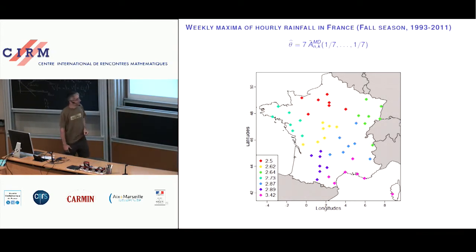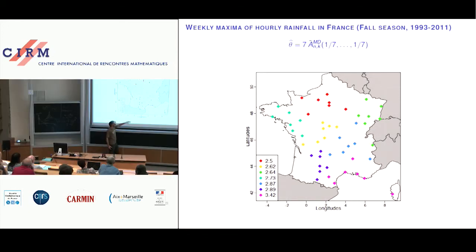Okay? And now if you go back to rainfall data, it's not surprising at all, because if you look in the south of France, the structure of the events is much more thunderstorm. Okay, so they are very localized because of the orographic effect, because of the influence of the Mediterranean Sea, because of the influence of the mountains.